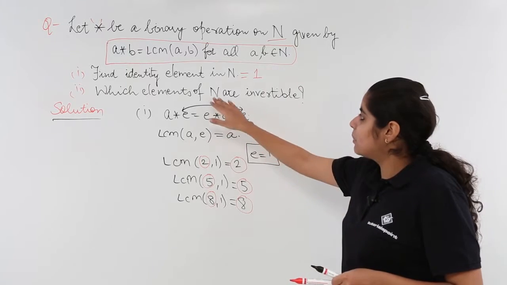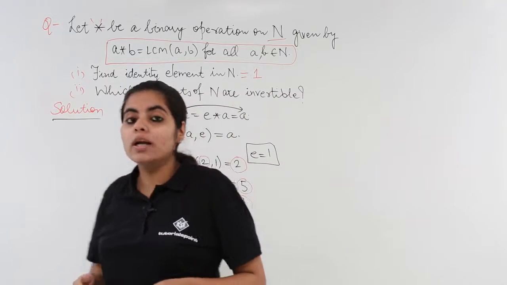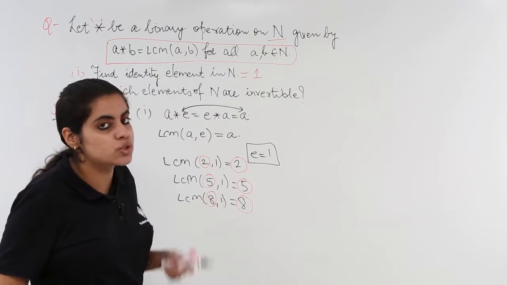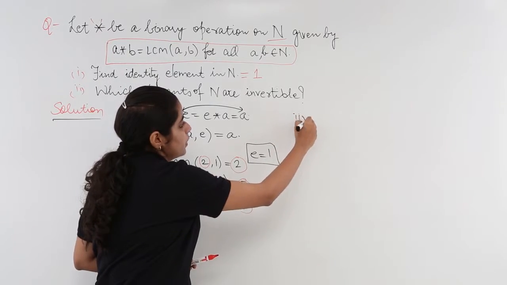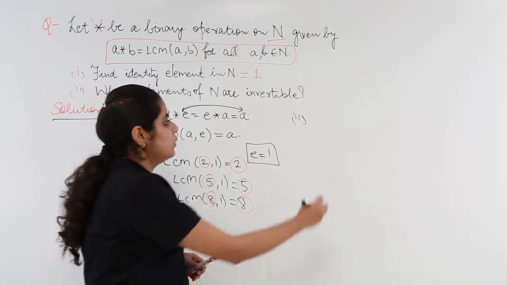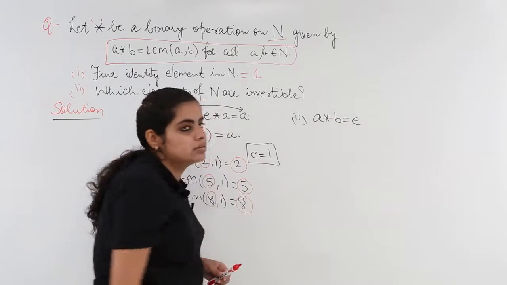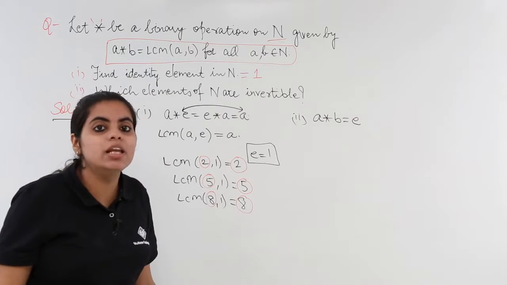Now what is the second part? Which elements of N are invertible? That is what my question wants me to solve. So let's see the second part, wherein I have to use the definition of inverse. Now I know a star b is equal to E for inverse, where E is the identity element.